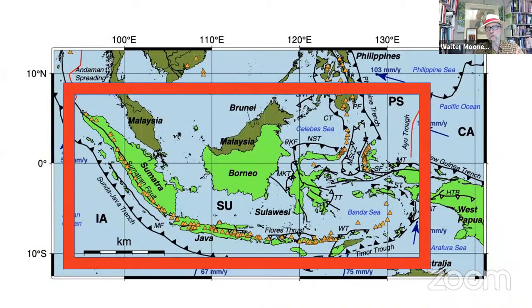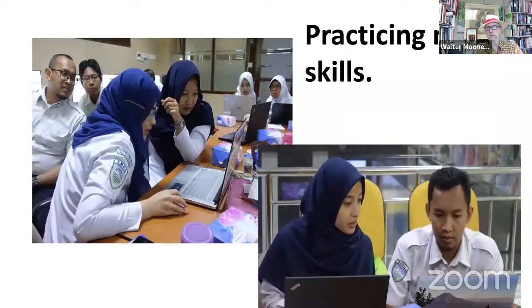So for USGS, working with Indonesia is very rewarding, and we are very pleased to have worked with you. Please continue to practice your skills so that you do not forget what you have learned. It takes repetition. QGIS is a matter of repetition.